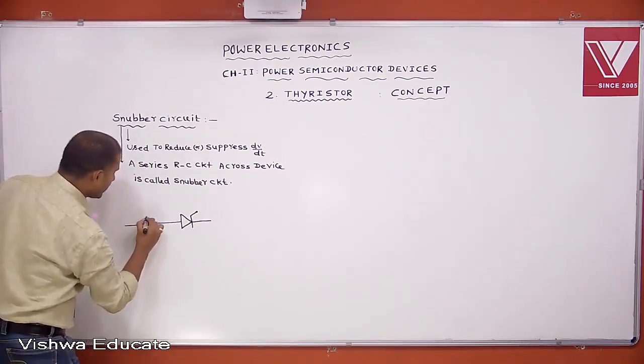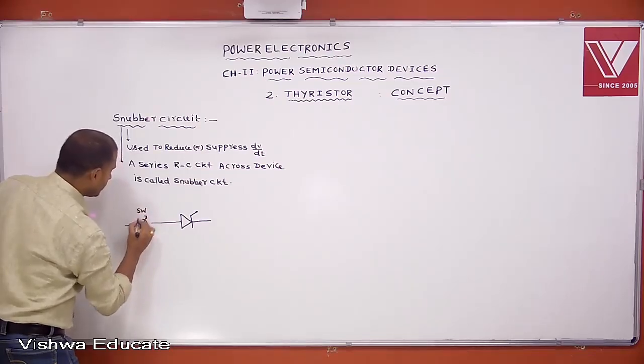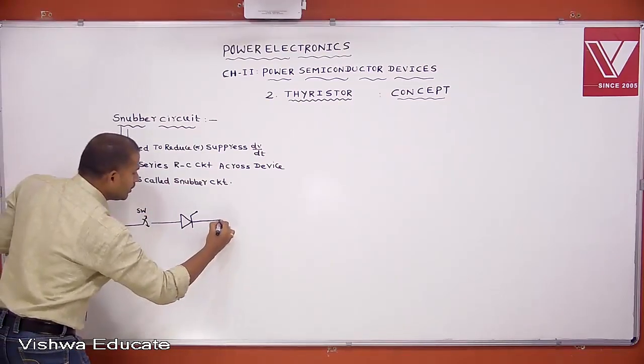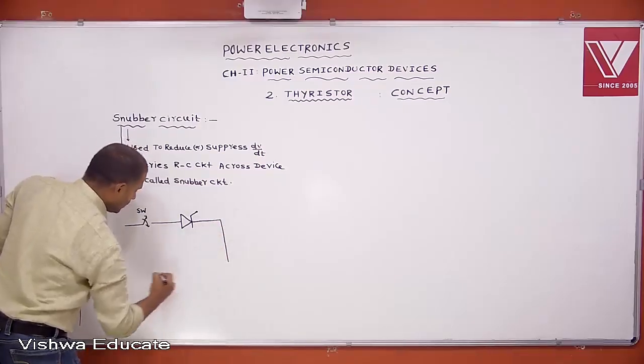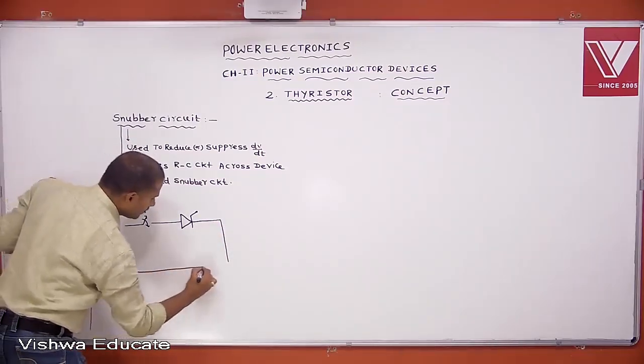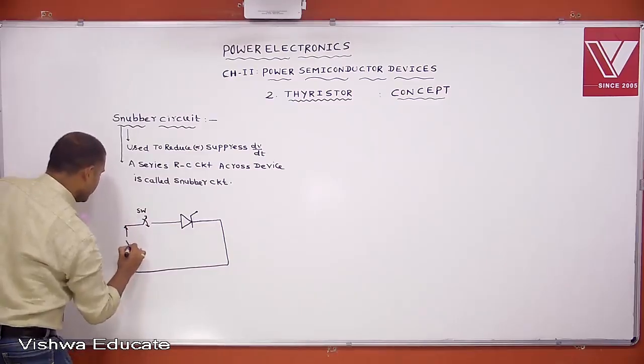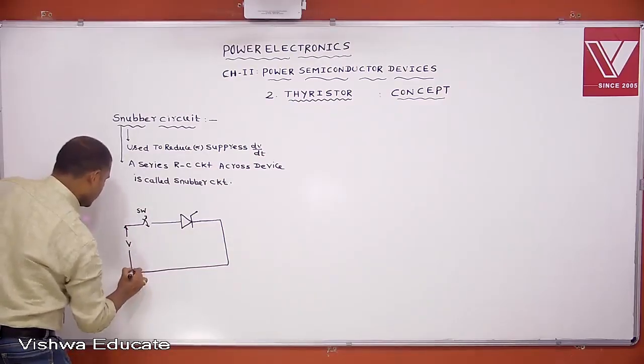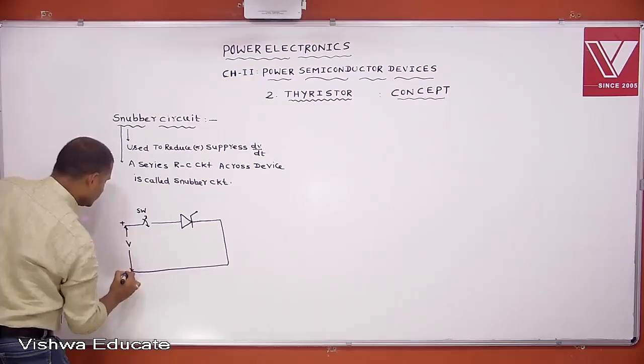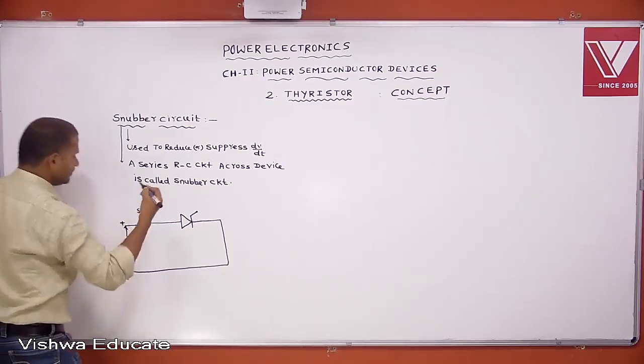This is some switch arrangement, this switch, and this is the thyristor connected. The supply voltage is V, this positive, negative. This is capital V.